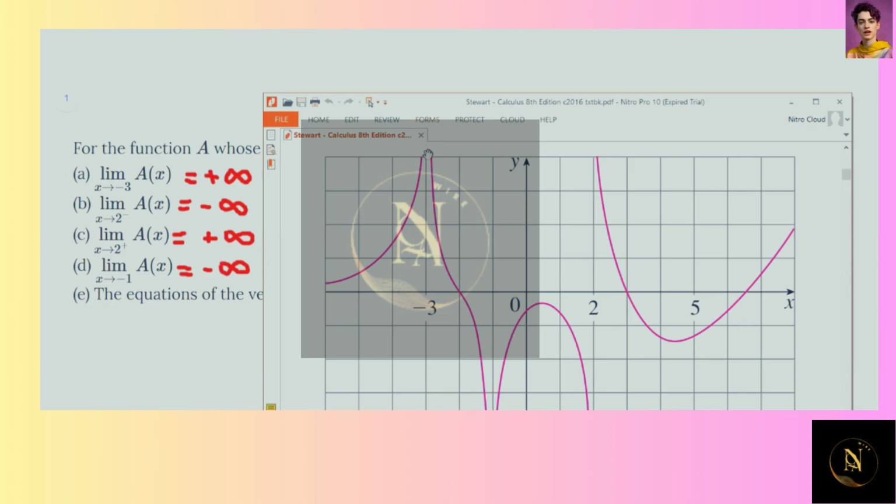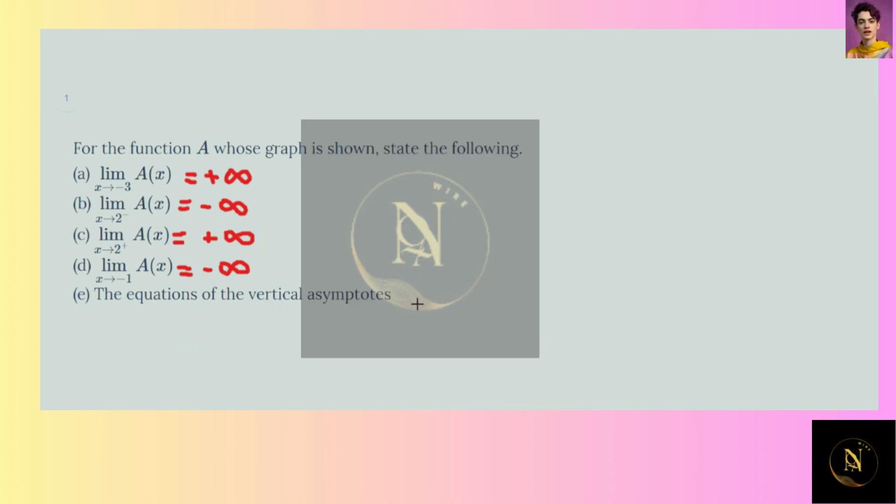And the way that you write the equation of a vertical asymptote or a vertical line is in the form x equals a. This is the format where a is the location of the asymptote.